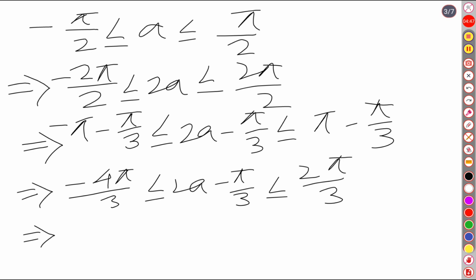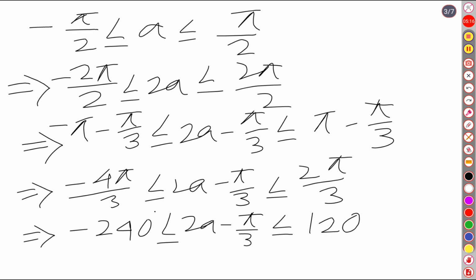Some will be rejected later on, so to make our workings less, we can just simplify this. This is not part of your solution, we are just doing this for our own convenience. So it is going to be negative 240 until twice alpha minus pi over 3, and this is also going to be 120.